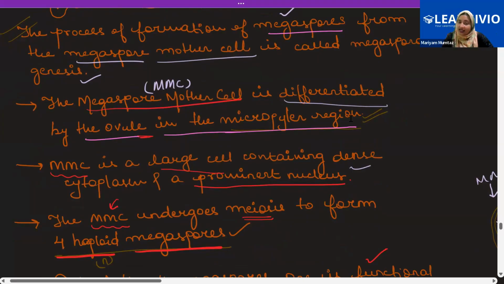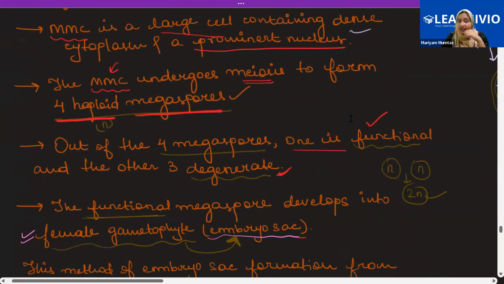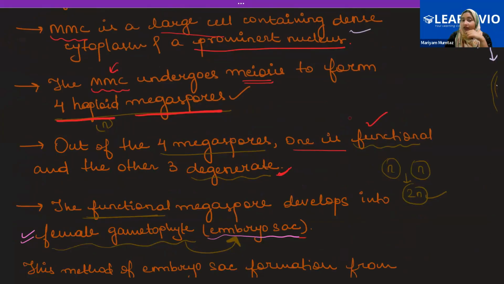It is a large cell that contains very dense cytoplasm and a prominent nucleus. Then this megaspore mother cell undergoes meiosis to form 4 haploid megaspores. But remember that out of the 4 megaspores, 3 are non-functional, only 1 is functional.